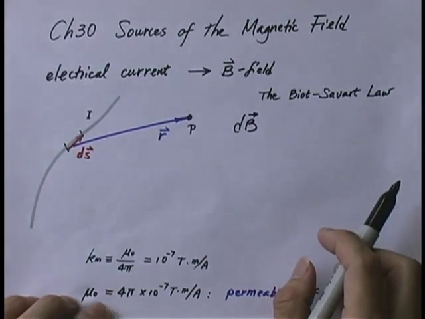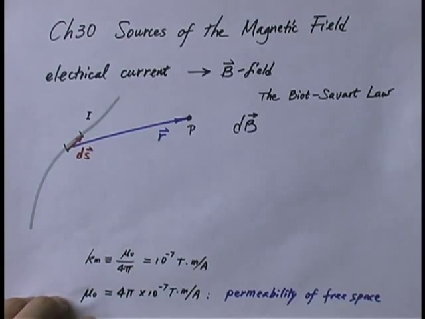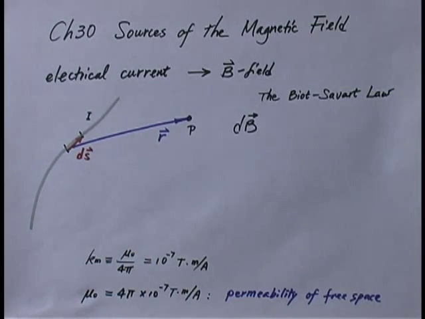Well, dB is a vector which depends on two other vectors. One is ds, the other is r. And we have seen something like that before in a previous chapter. The magnetic force exerted on a moving charge was a function of two other vectors. One was v, the velocity of the moving charge, and the other was B, the magnetic field.